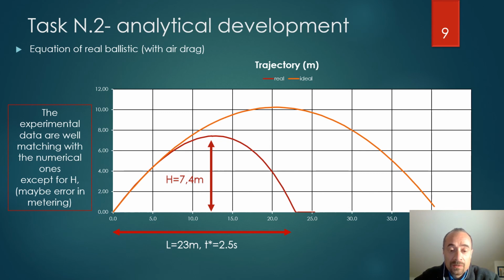There is only a deviation for the high, which is 1 meter more, but this can be due to the fact that this is the only indirect measurement and can be an effect of the perspective in the picture. So eventually we are satisfied, the model is fine, and for the future we won't neglect the air friction.